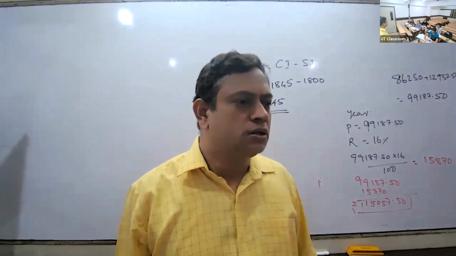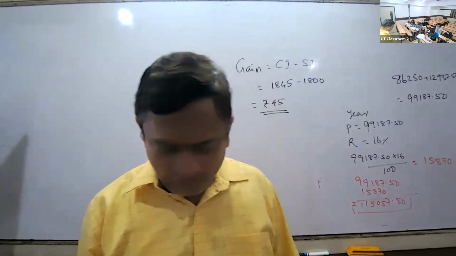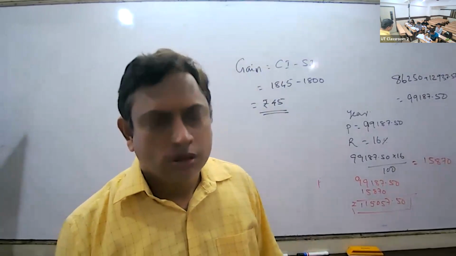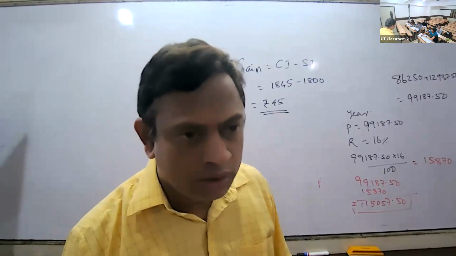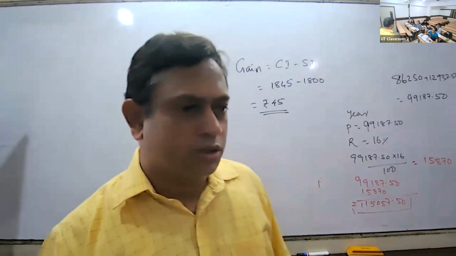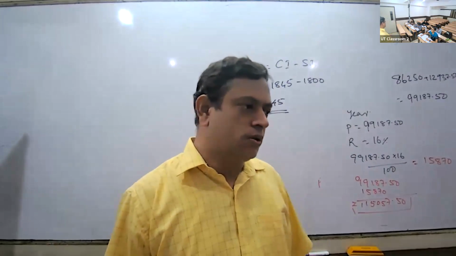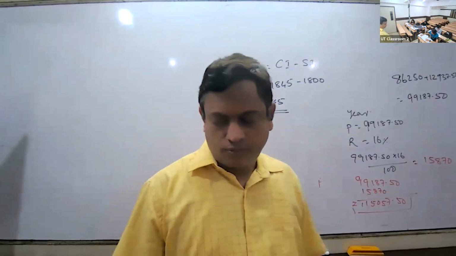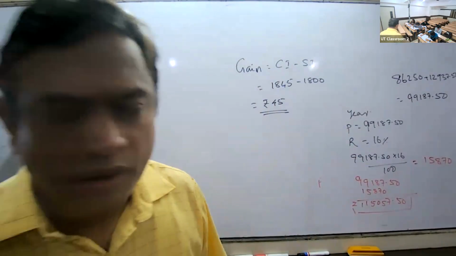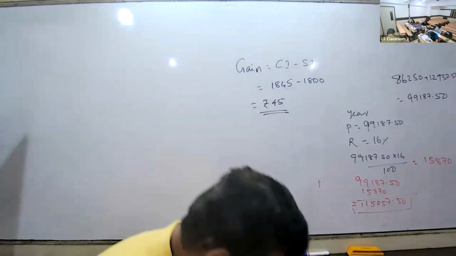It's direct. The only thing you have to check is the rate: first year 8%, second year 10%, third year 10%. So all of you do it. For the first year, write the steps and do it.